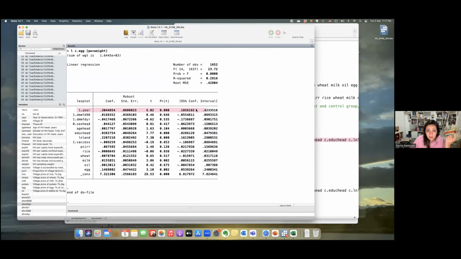Okay, did the effect of the year change compared to the initial model where we didn't have any variables? It is also significant, yes, and positive, like in the other exercise. What about our variable of interest, the interaction between the year dummy and the treatment dummy? Did it change? No, they are not significant.